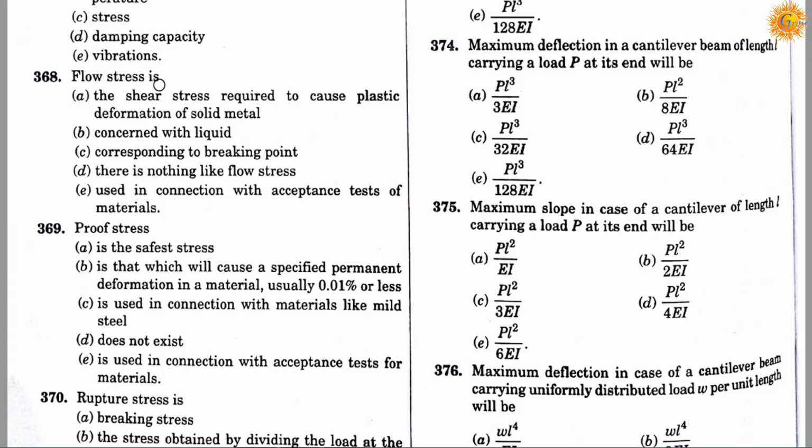Flow stress is, option A, the shear stress required to cause plastic deformation of the solid material. Option B, is concerned with liquid, and option C, corresponding to breaking point, and option D, there is nothing like flow stress, and option E, is used in connection with acceptance tests of materials.